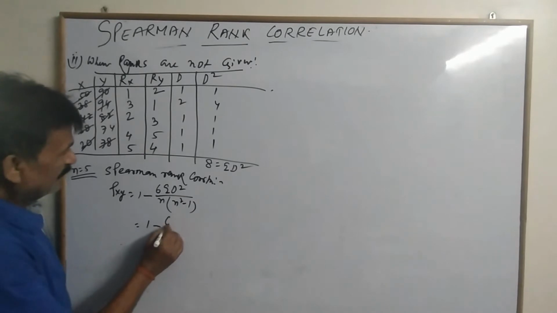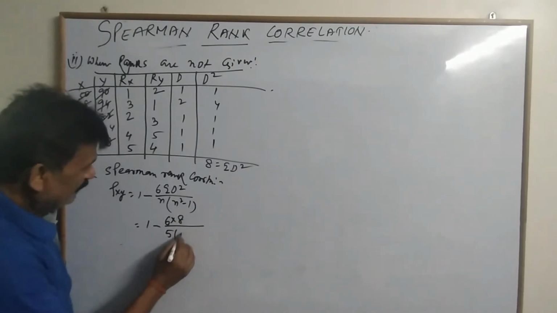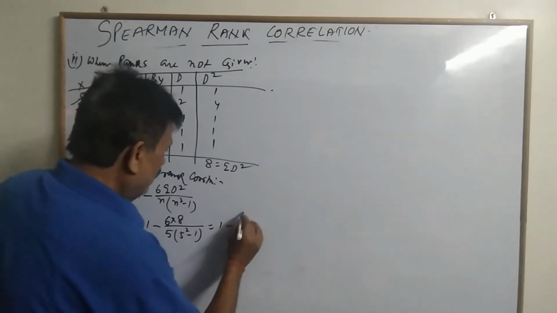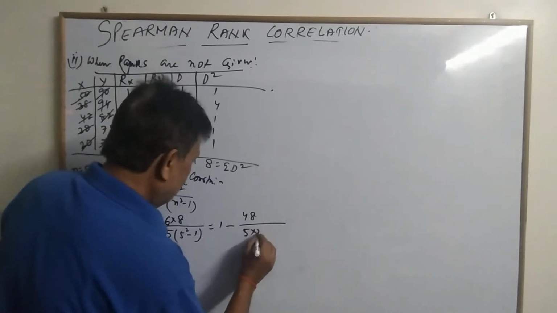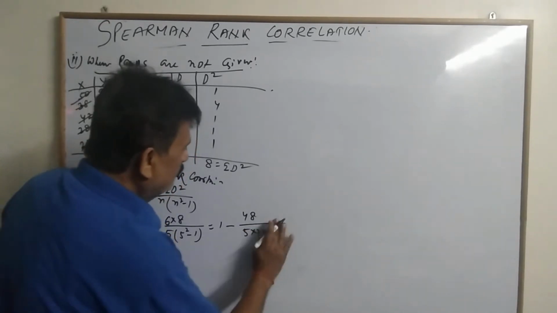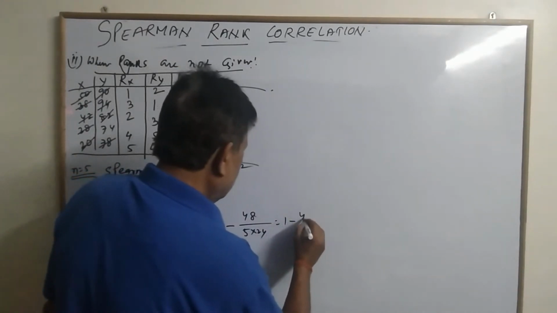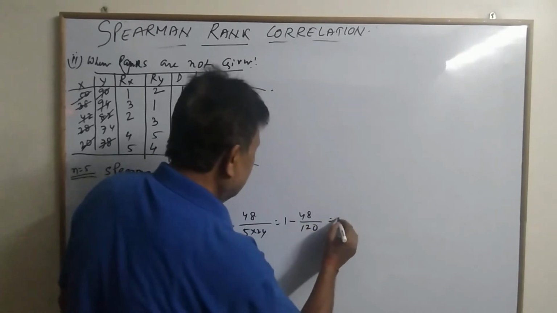So 1 minus 6 into 8 over 5 into 5 square minus 1. So 1 minus 48 divided by 5 into 24, and this becomes 1 minus 48 by 120.